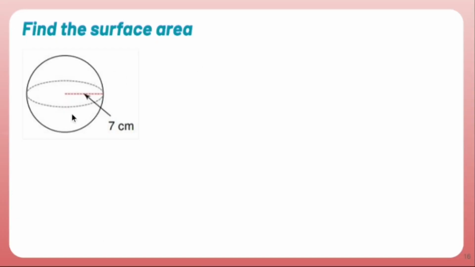Find the surface area of a sphere. Ugh. Well, the formula is not too bad. The formula for the surface area of a sphere is 4 pi r squared, where r represents the radius which I have. So it's just a calculator exercise.